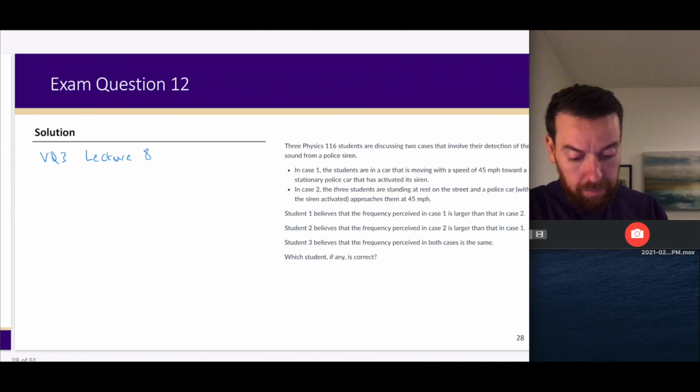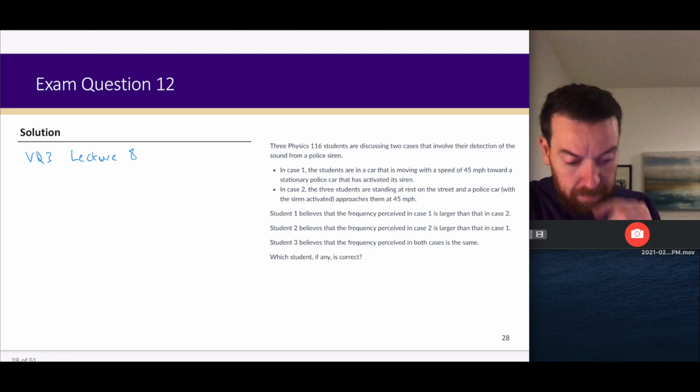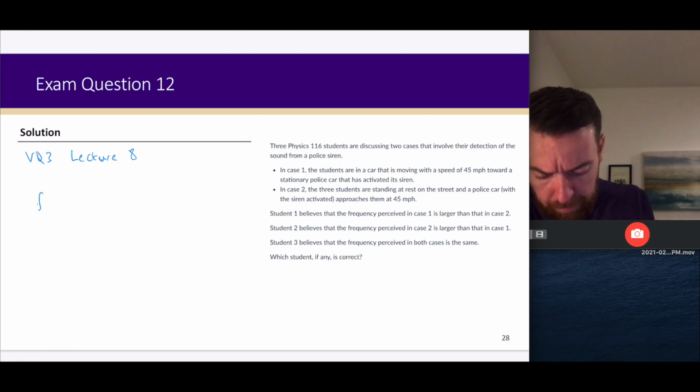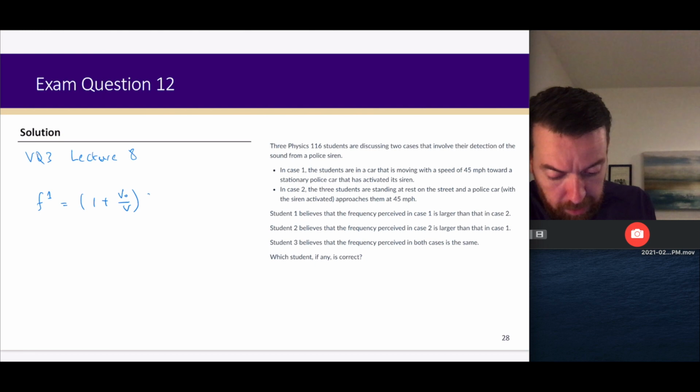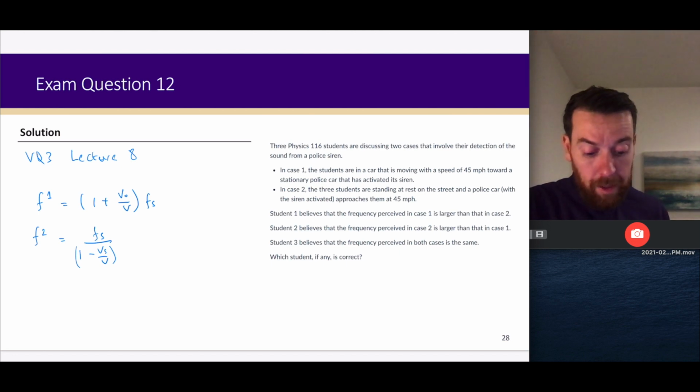So if I walk through this algebra, let's say that F1 is equal to 1 plus V observer divided by V, times F source, and F2 is equal to F source divided by 1 minus V source over V. We can do a little bit of algebra here.